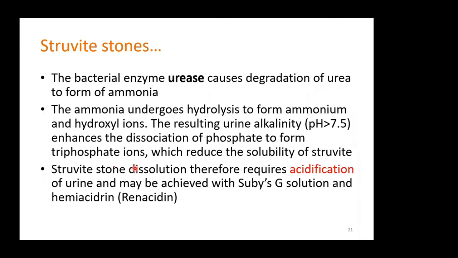The resulting urine alkalinity enhances the dissociation of phosphate to form triphosphate ions, which reduce the solubility of struvite. So struvite stone dissolution, therefore, requires that you acidify the urine, and this may be achieved by the Suby's G solution, or what we also call Renacidin.